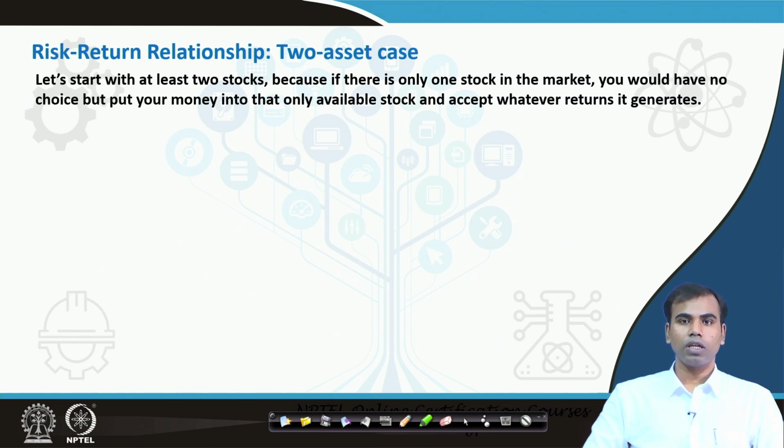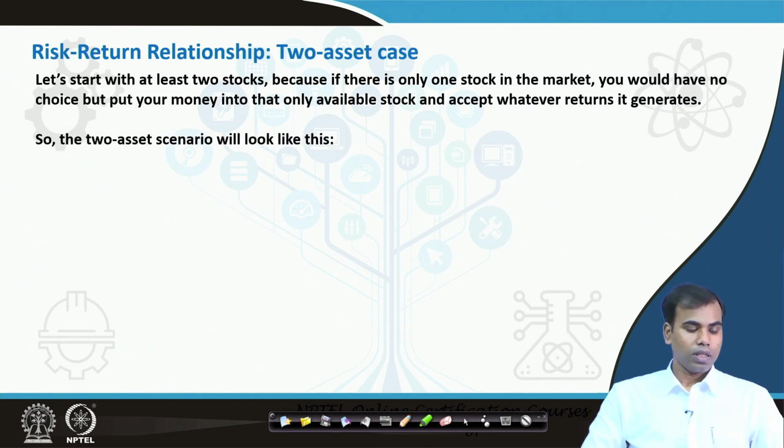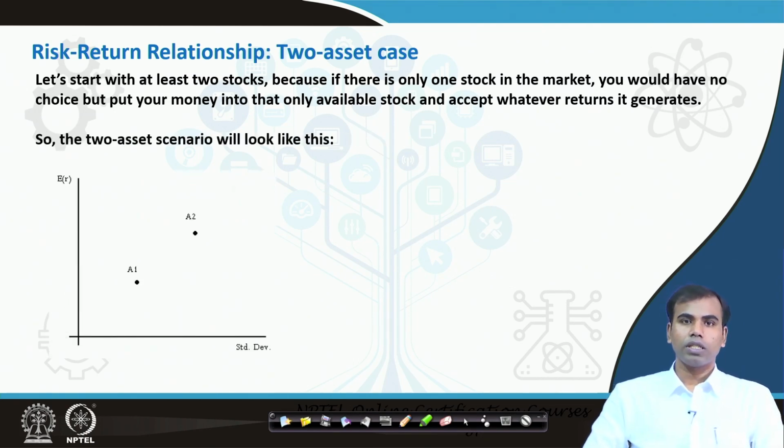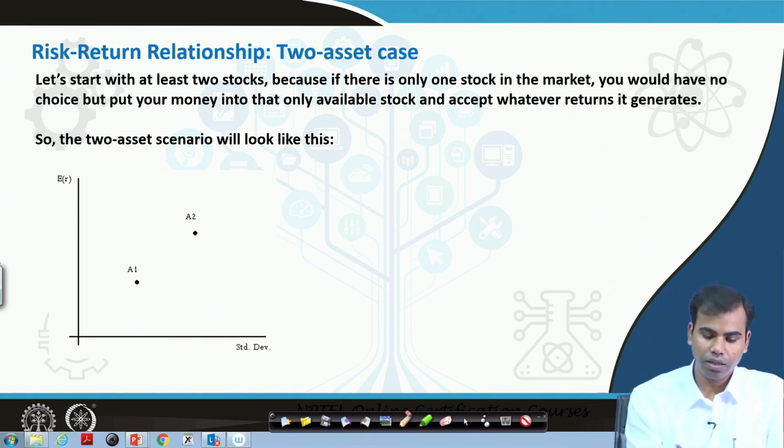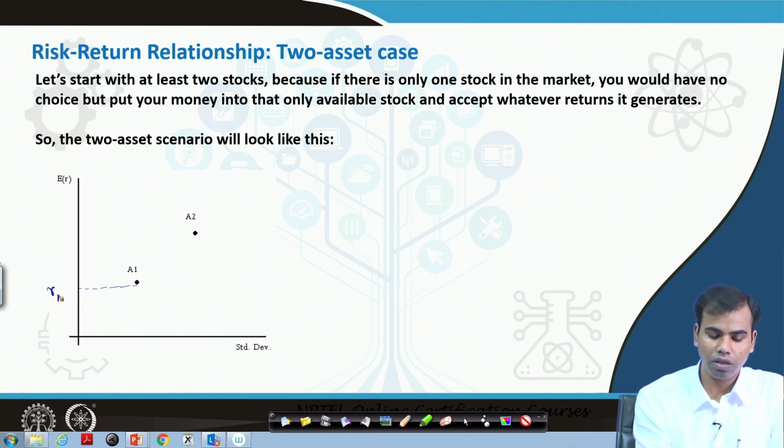So, the two asset scenario, if we try to present it here, would look like this, where there are two assets A1 and A2 with different risk and return attributes. When we talk about risk and return attributes, basically we indicate that asset 1 has a return of this level, and this is the risk associated with asset 1.